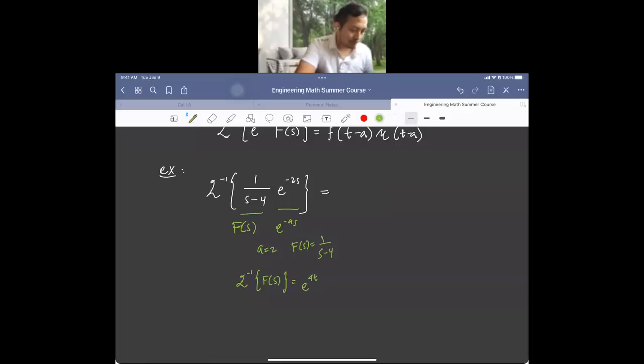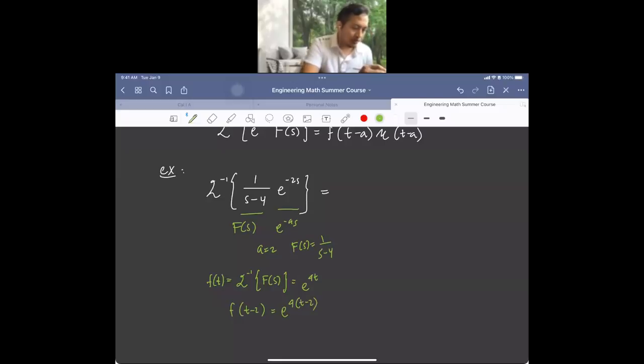So f of t minus 2 is e to the 4, with t changed to t minus 2.